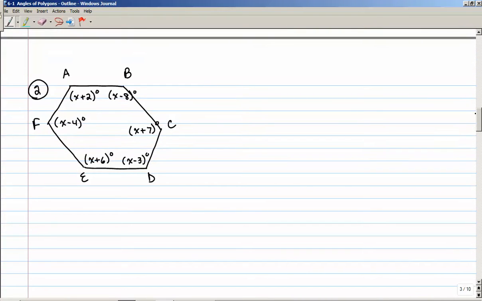Here we have a hexagon. In this case, n equals 6. So let's start by finding the sum of the interior angles. The sum is going to be 180 times (6 minus 2), or 180 times 4, so the sum of those 6 interior angles is going to be 720.